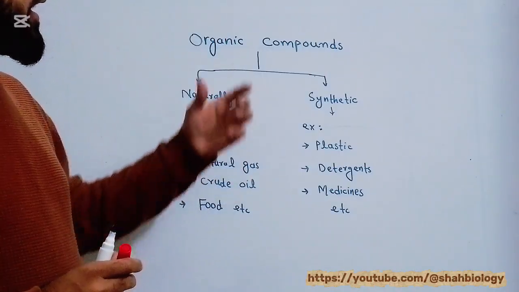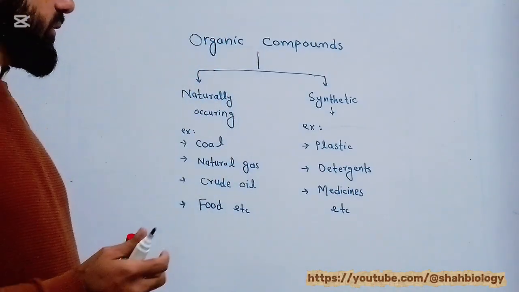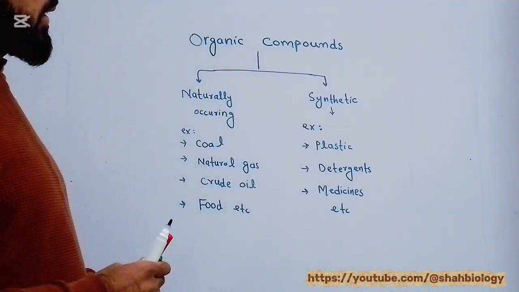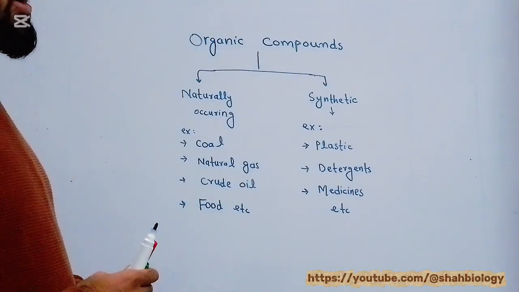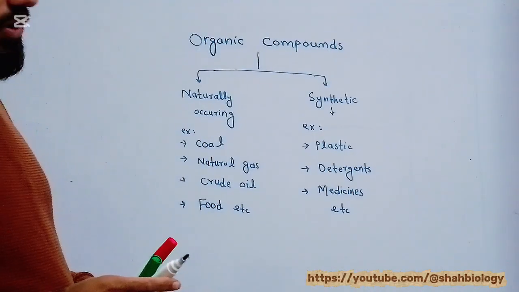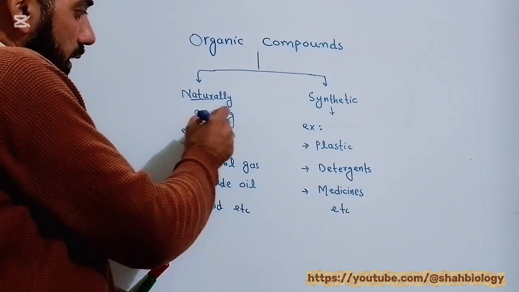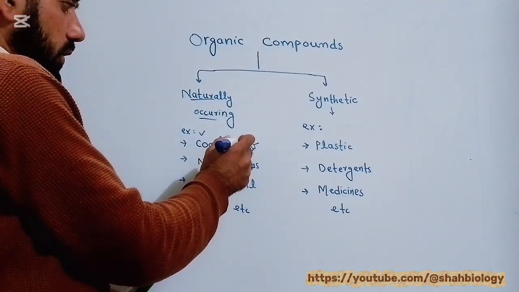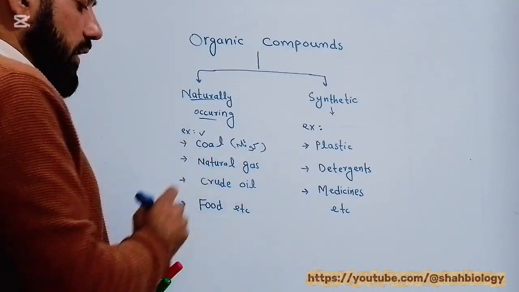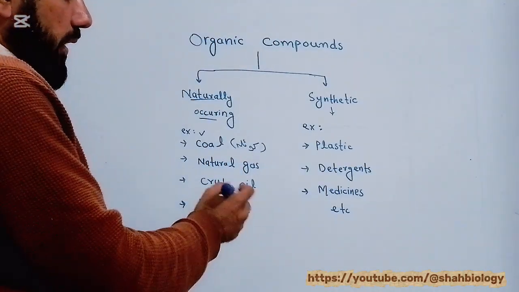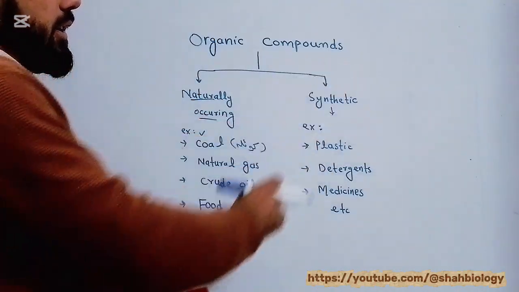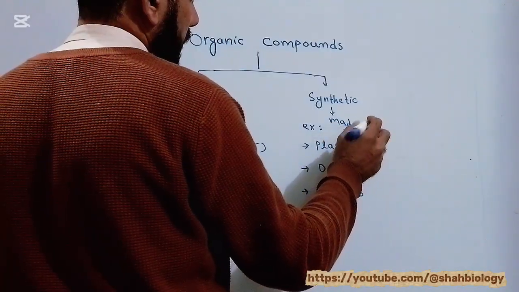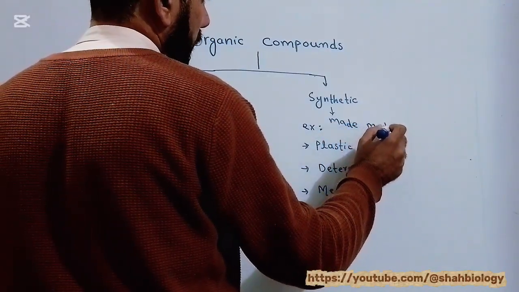Broadly, we categorize organic compounds into two types: those which occur naturally, formed by nature, like coal, natural gas, crude oil, food, etc. And synthetic means man-made, that we prepare for our own benefit.